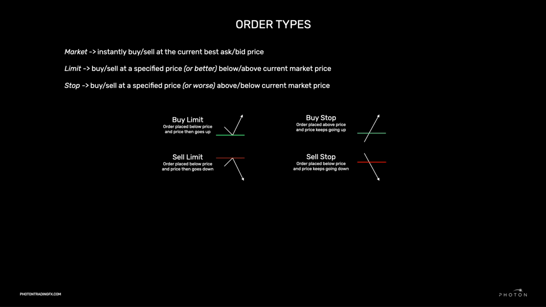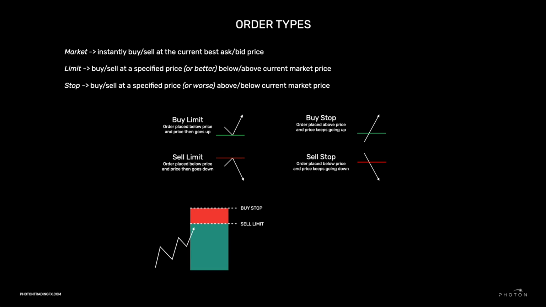However, whether you are already in a long or in a short position, no matter what your strategy is, you will always be using a stop order for your stop loss. So if you are in a short position, you obviously want price to go down, but in case it doesn't, and it keeps going up and it goes against you, then your stop loss is essentially a buy stop order.